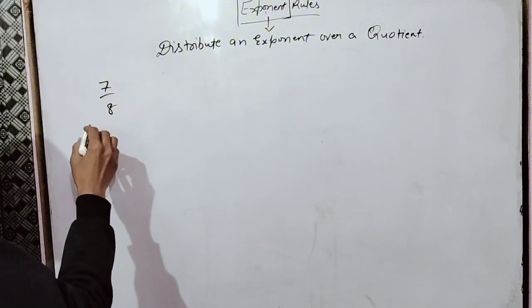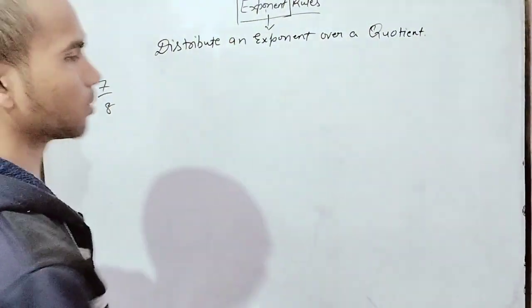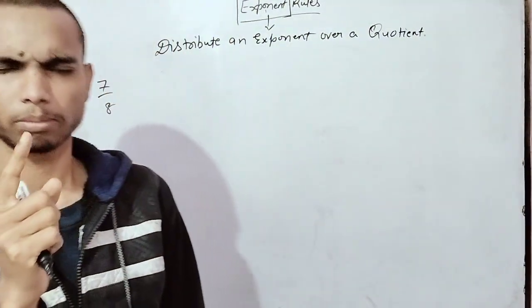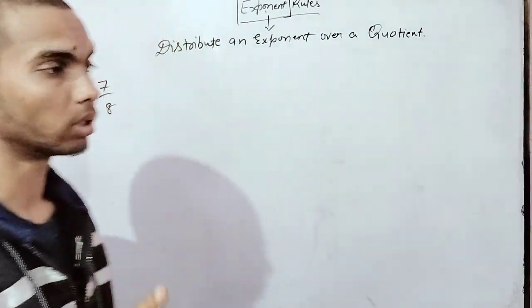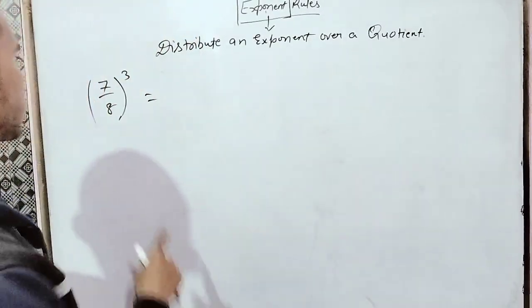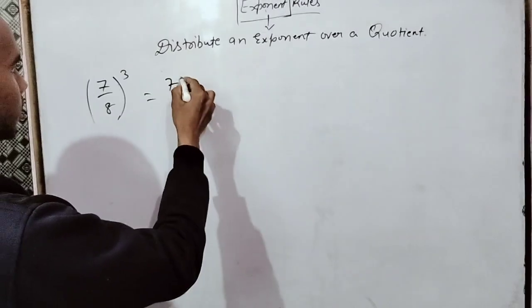In this case, our base can be different or the same, and the exponent is 3. So it is saying that we can write this 7 with a 3 exponent, and the 8 with a 3 exponent, like that.